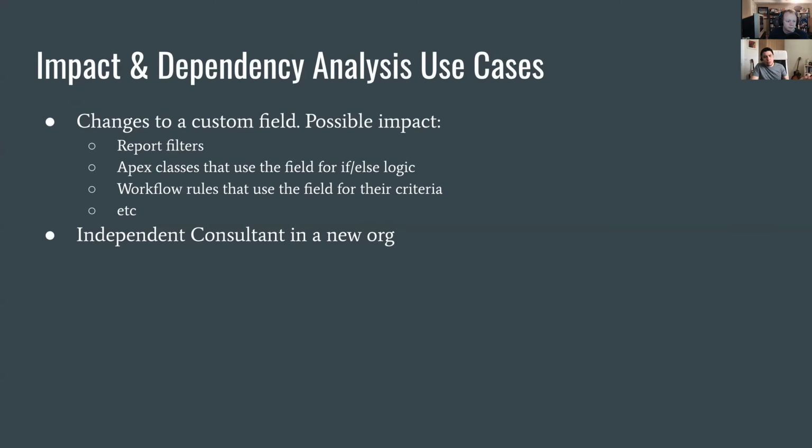But if you're a brand new consultant or just a contractor who just got a new org, and you're asked to make changes to this Apex class or some field, then you have no idea what's going to happen when you do that, right? And you don't have that report or that business context to understand that firsthand.